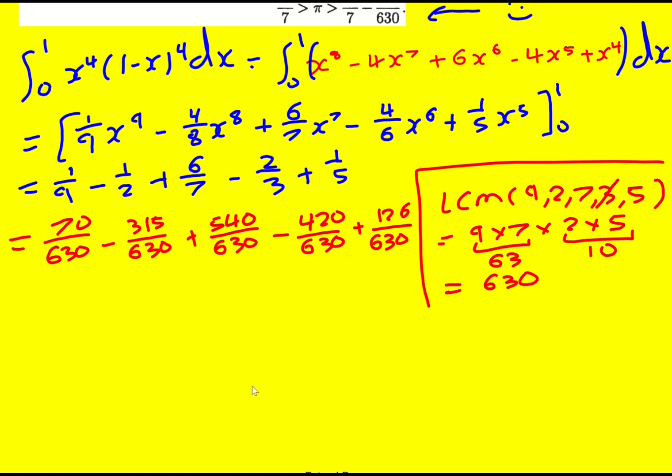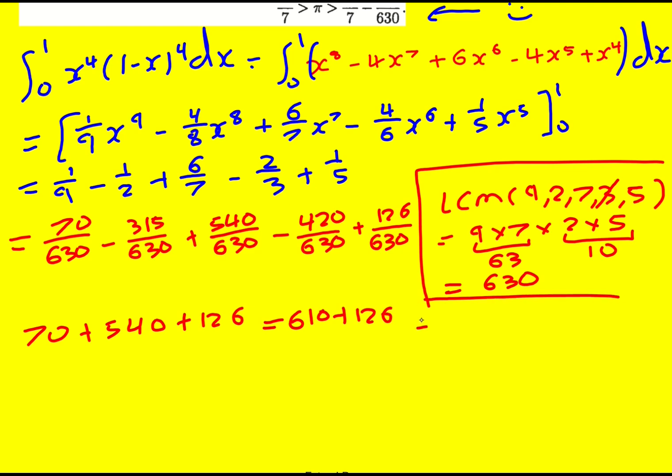Okay, a little bit fiddly, but what should I do? I think I'll add them. Add the 70, the 540, and the 126. That's going to give me 610 plus 126, which is 736.